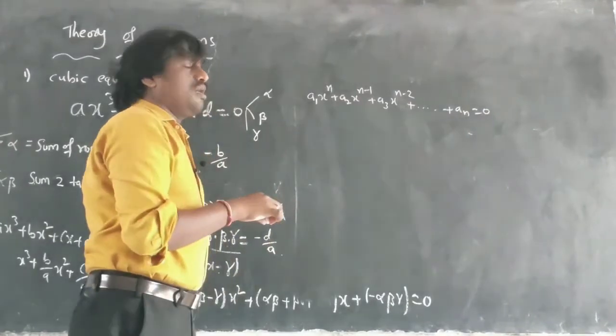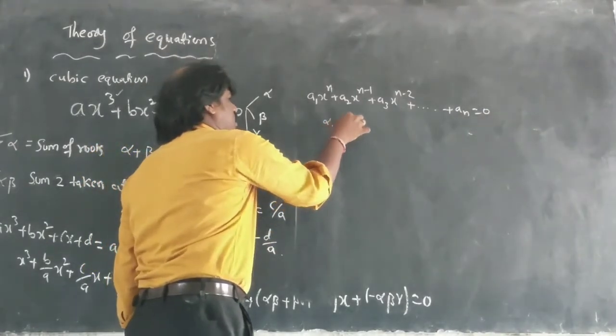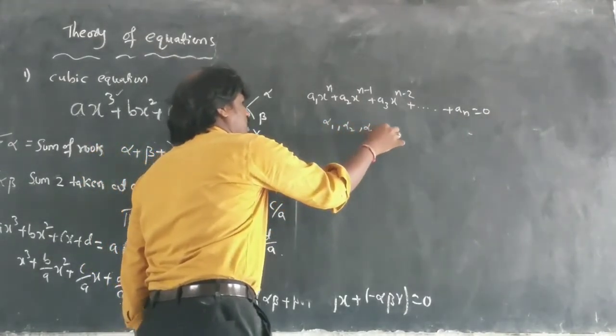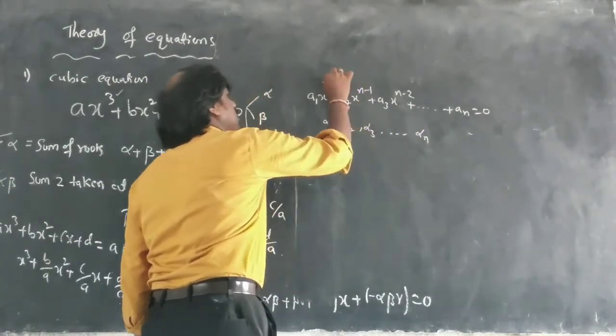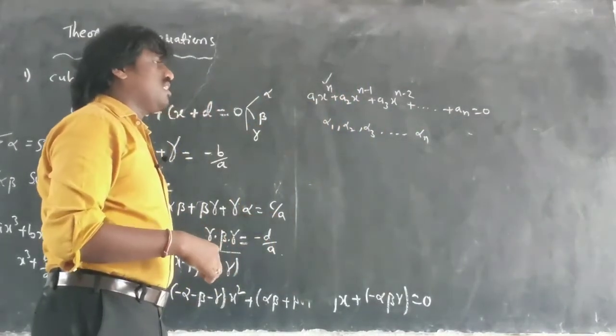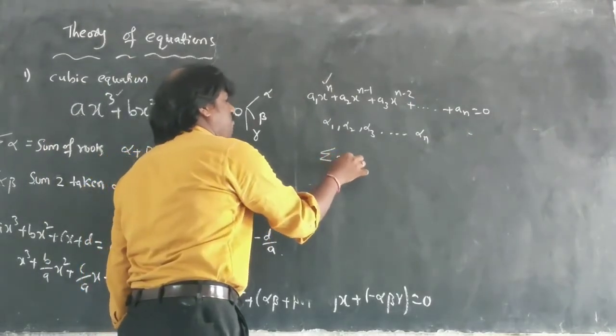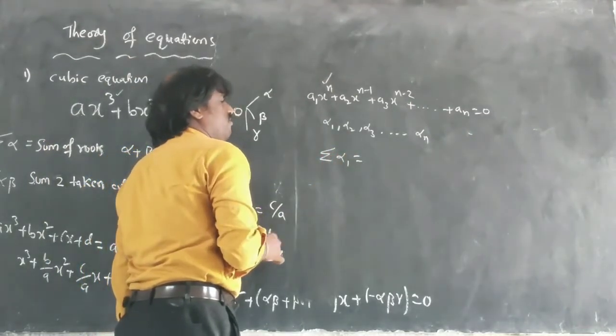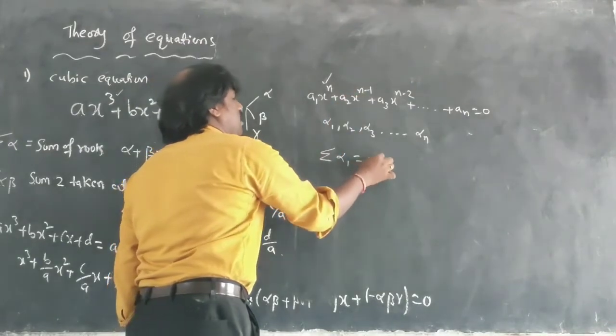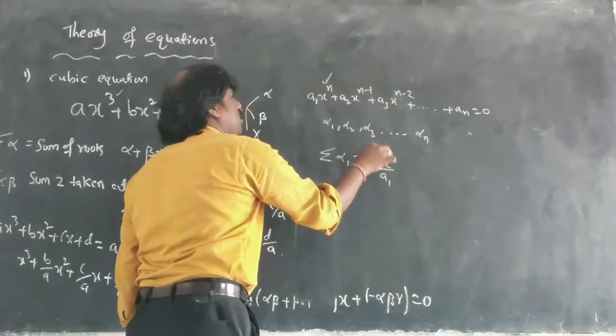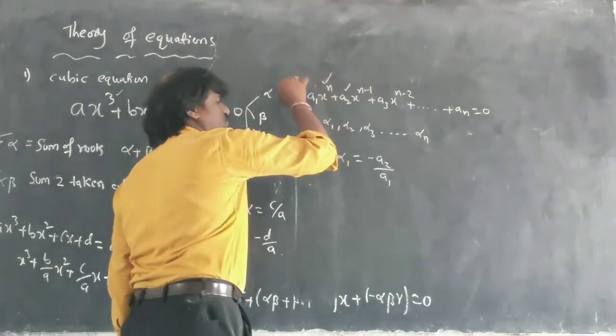At this time, if the roots are alpha 1, alpha 2, alpha 3, n roots, because it is an nth degree polynomial, there will be n roots. So the sum of the roots we represent as sigma alpha 1. Sigma alpha 1 will be how much here? Minus a2 by a1, coefficient of this by the highest coefficient.